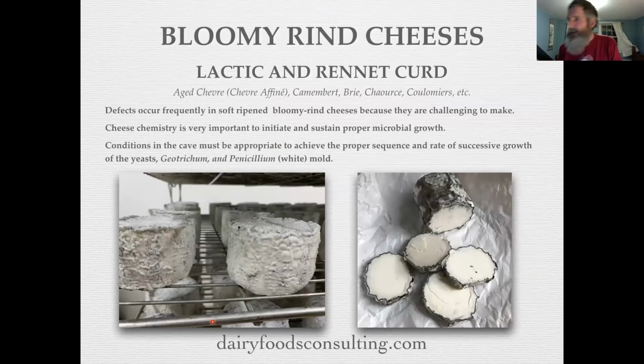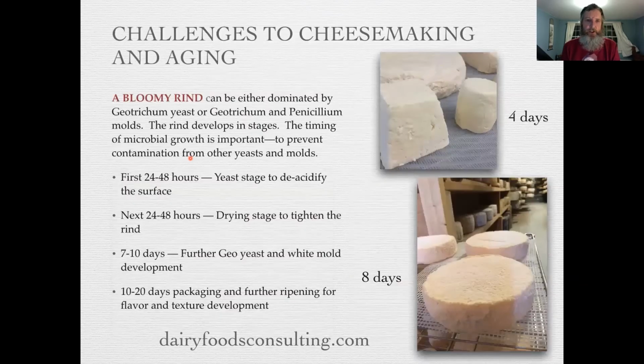So, bloomy rind cheeses. Here we have again some very good challenges to make these cheeses well. It has to do with the chemistry and the conditions in the cave to get the proper sequence of microbial growth. Here is a quick look at the stages of the bloomy rind cheese aging process.